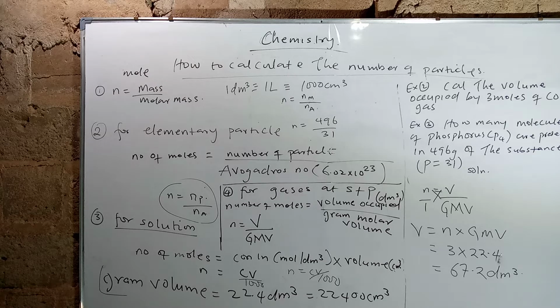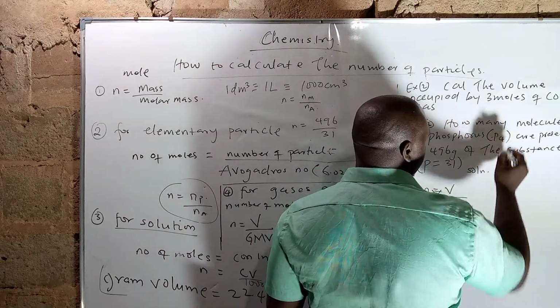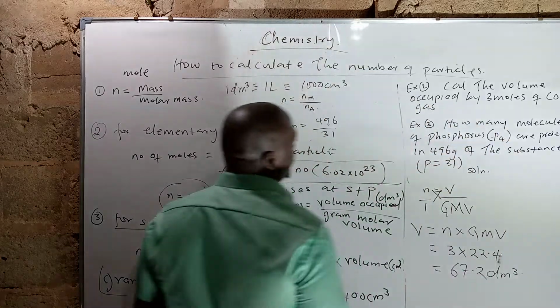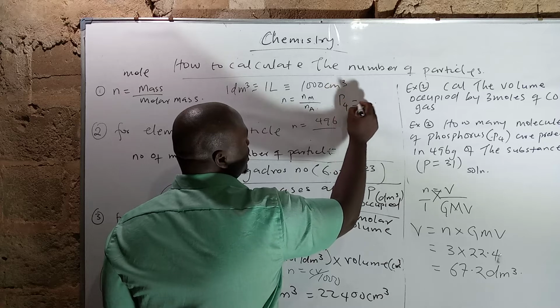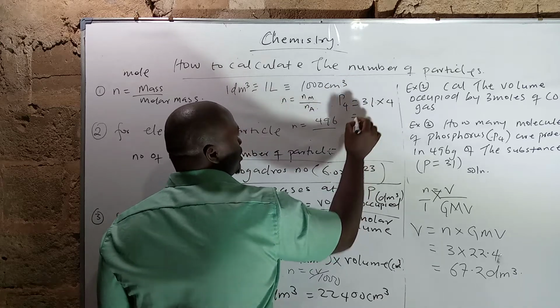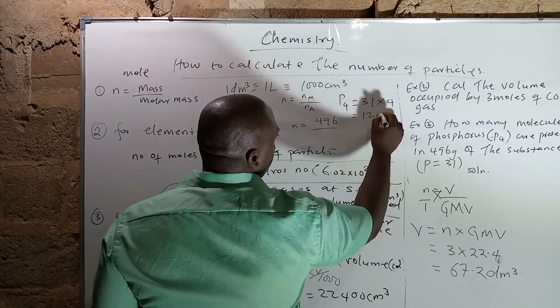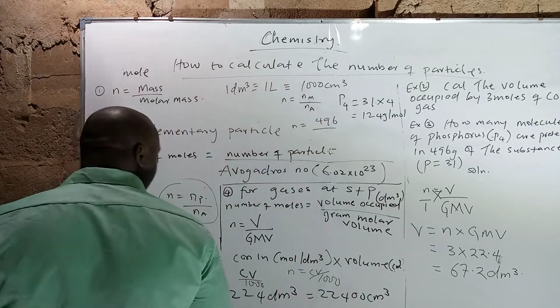Look at it. They said phosphorus 4 here. I underlined it. It is phosphorus 4, and so that means that our molar mass for phosphorus 4 is 31 times 4. And 31 times 4 is 124 gram per mole.